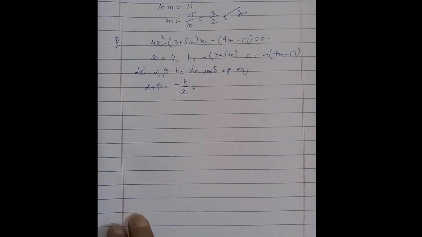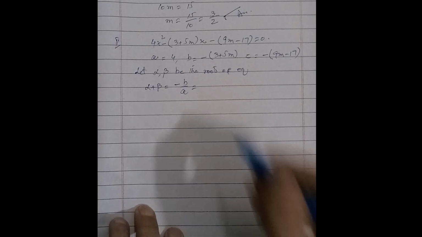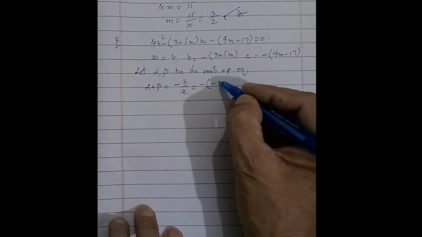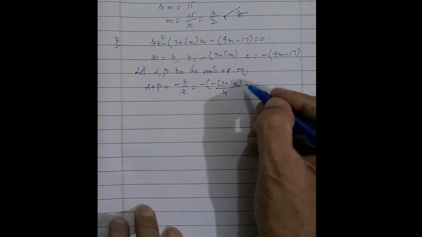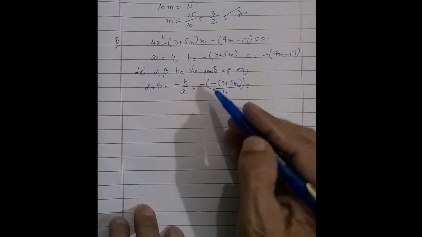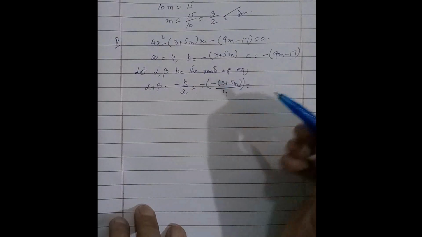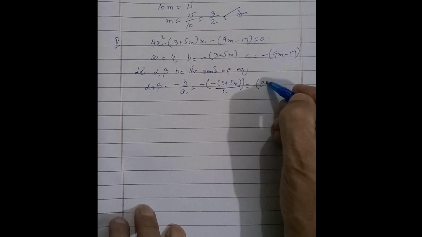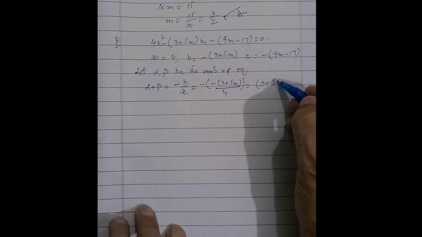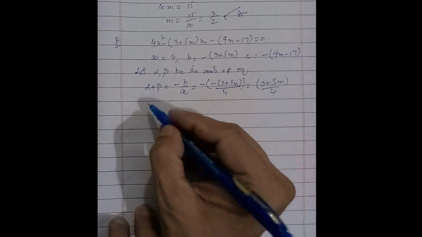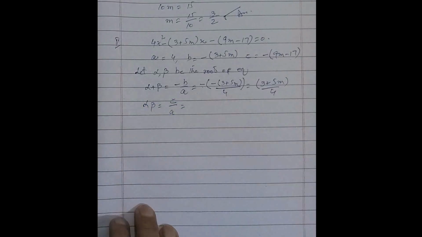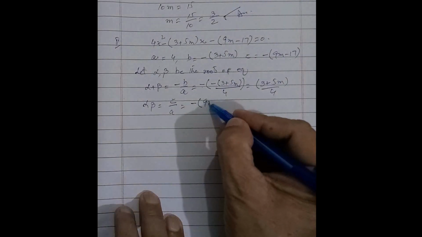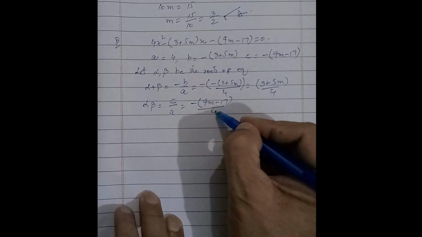So we put the values of b and a in the equation, we get minus, minus 3 plus 5m over 4, and by simplifying, this minus multiplied by this minus gives plus, and the value is 3 plus 5m over 4. And the product alpha beta is c over a. So we write the values of a and c, we get minus 9m minus 17 over 4.